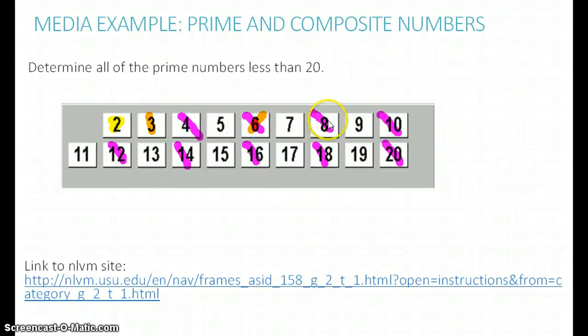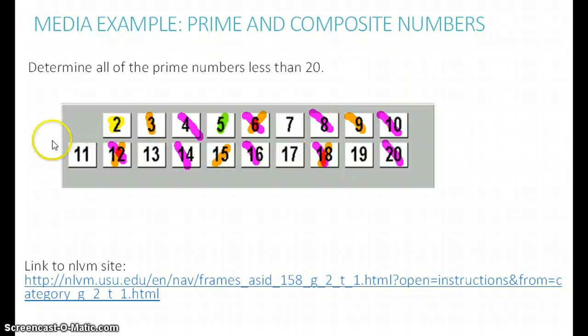We already canceled out 6, but I'll just cancel it again. 9, 12, 15, 18. So any number that's crossed out is composite. It has 2 or 3 as a factor. When we clicked on 5, 5 is prime.